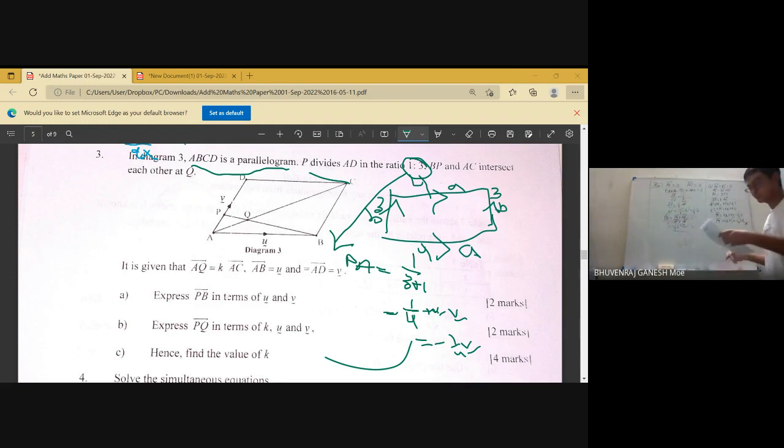And then for B, the info given since it's a parallelogram, right? So AD is BC, the same vector V, because it's the same direction. And then AC is U plus V. We get from the info of AB plus BC. And then they give in this question 1 more info, right? So we are applying it to the second question. So AP plus PQ is K bracket U plus V. And then we have to substitute AP inside here because AP is 1 over 4V.